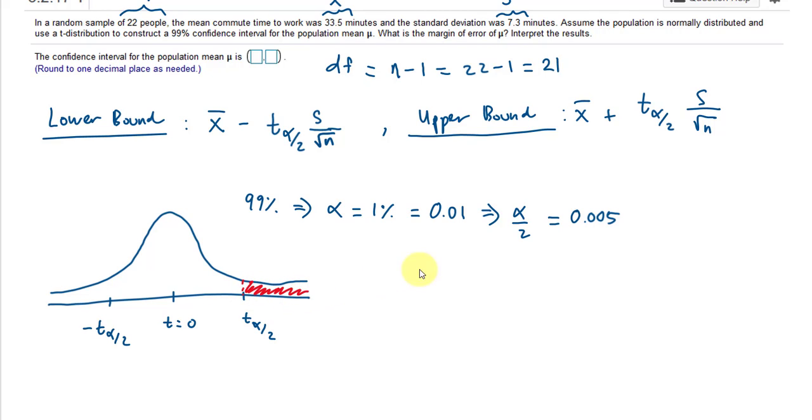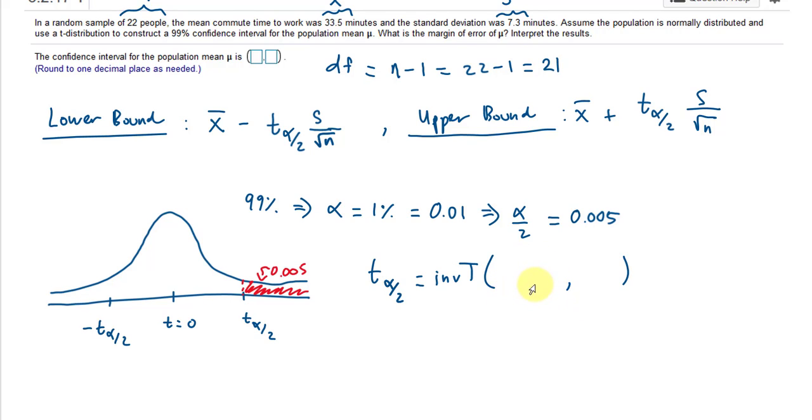So this area here is the value 0.005. Now we are looking for t alpha over 2, this value right here. We can find t alpha over 2 in two different ways. You can use the graphing calculator TI-84 and the inverse t function. The inverse t function takes two arguments.